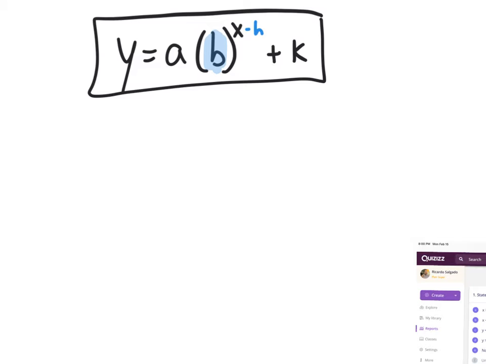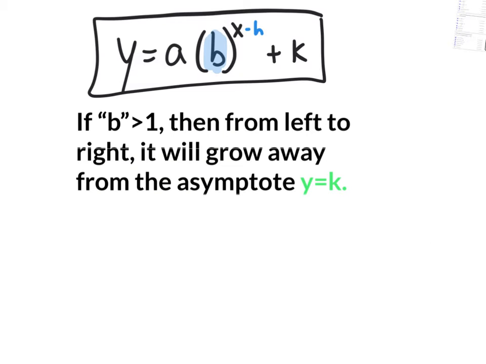That means that from left to right, it's going to grow away from the asymptote. So I just wrote down what I just said. If the value b is greater than 1, then from left to right, it will grow away from the asymptote y equals k. Remember that your asymptote, your horizontal line, is determined by the value that's being added or subtracted at the very end. All right, and we'll get to some examples right now.